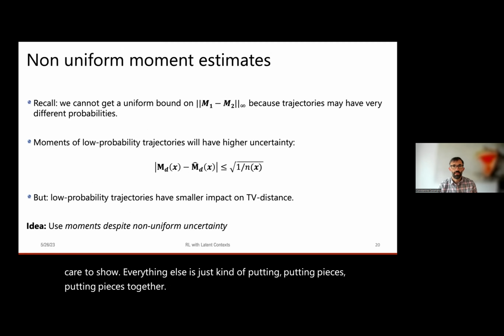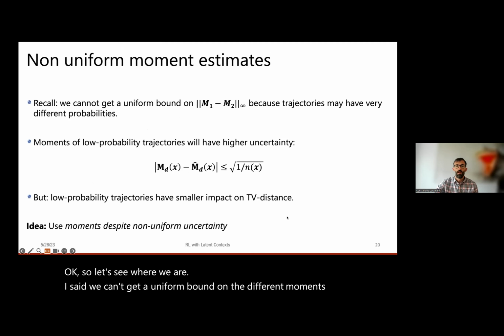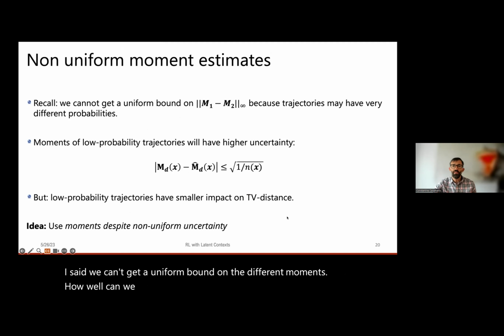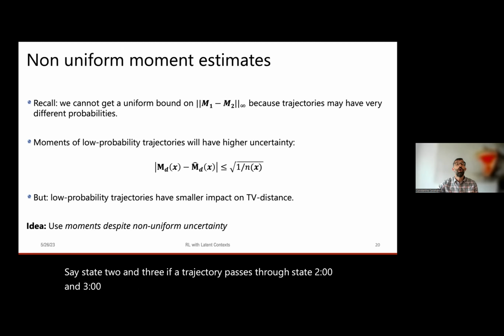Okay, so let's see where we are. I said we can't get a uniform bound on the different moments. How well can we estimate moments? Roughly speaking, if you visit a given trajectory, say states 2 and 3, how well am I going to compute the second order moment 2, 3?